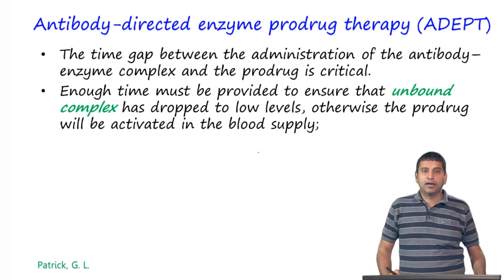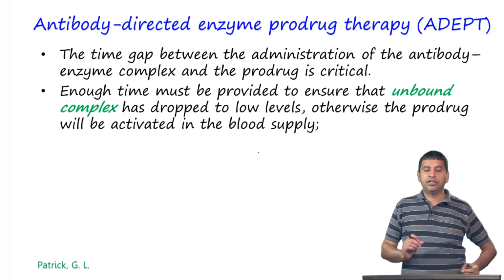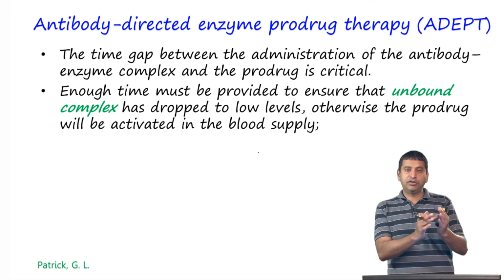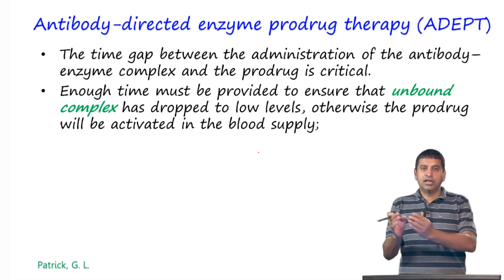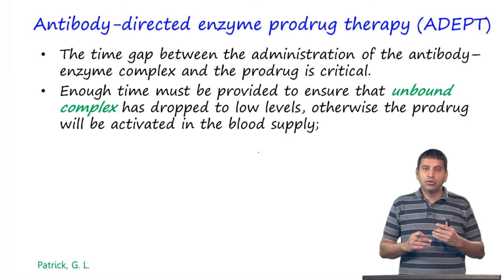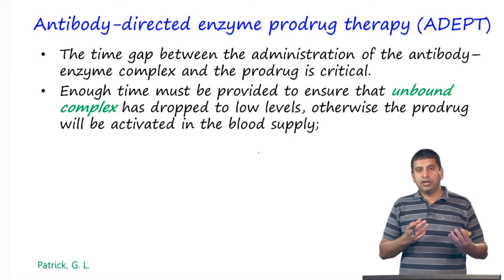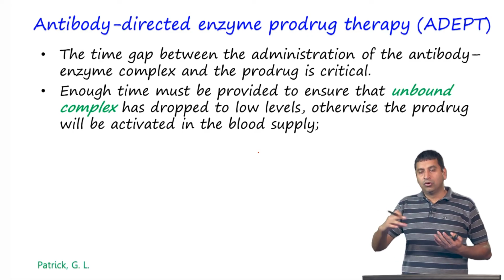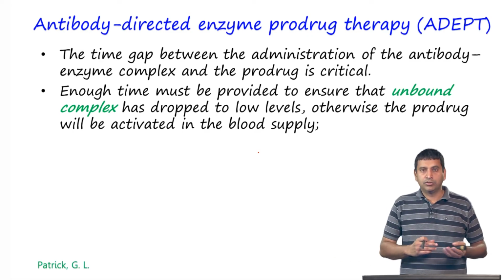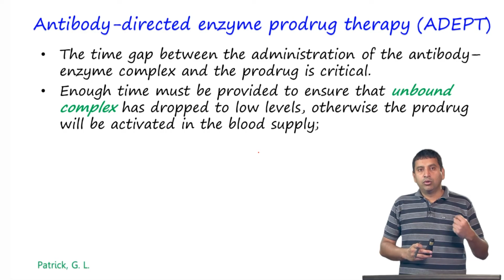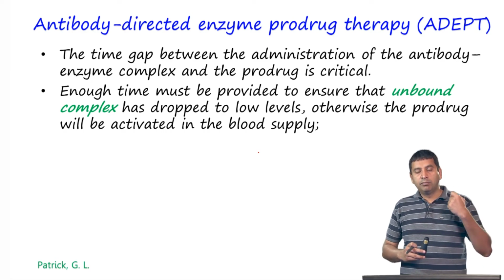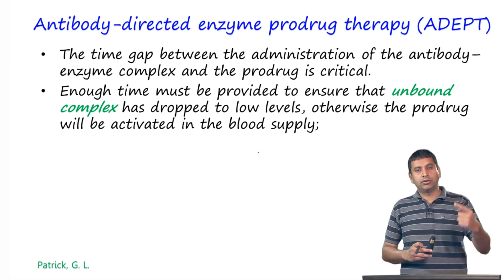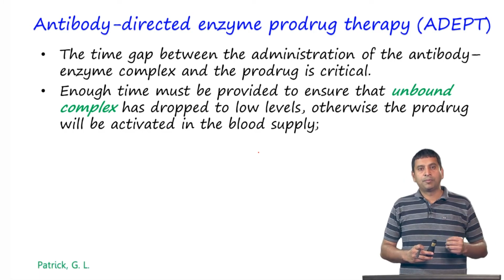Another aspect of ADEPT is the time that is given between the administration of the antibody enzyme complex and the prodrug. As we discussed, first you would administer the antibody enzyme complex, and this has to go and bind to the tumor. Now, you also have to make sure that the unbound complex, that is the one that is freely circulating, is actually removed.